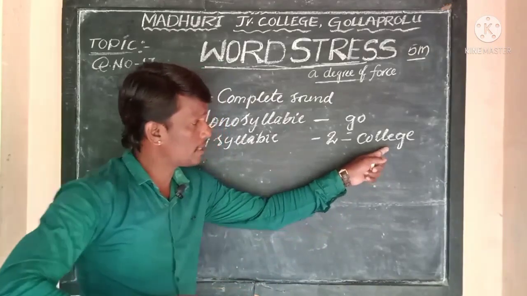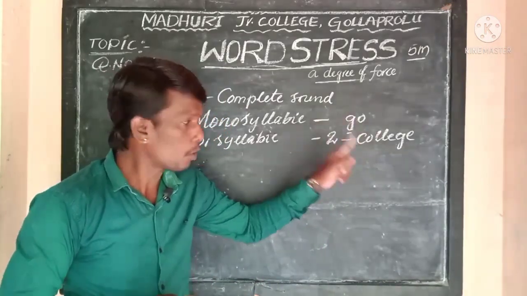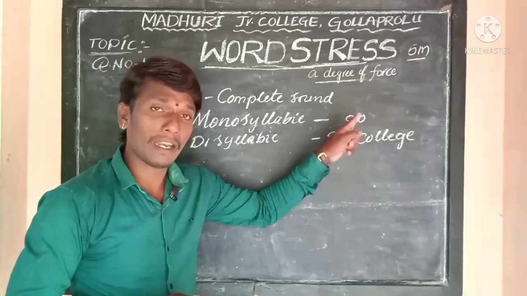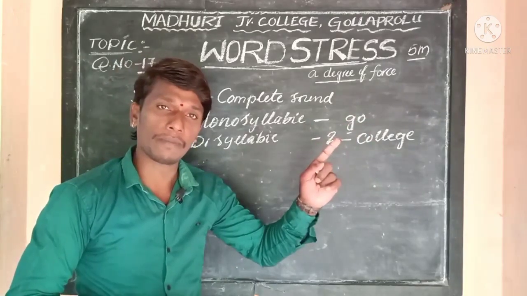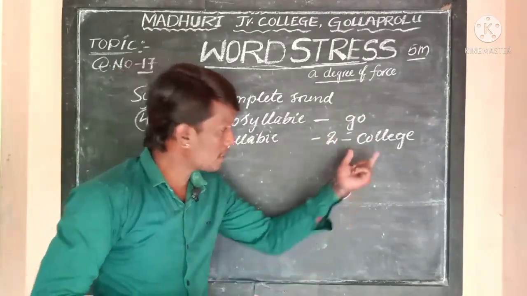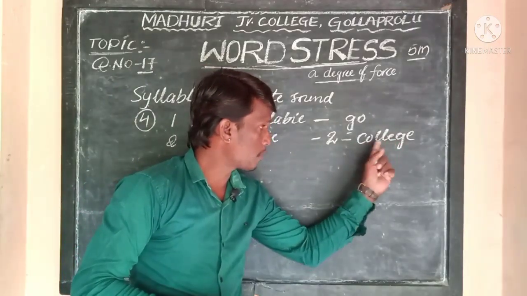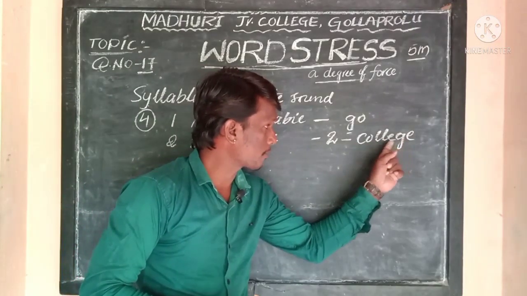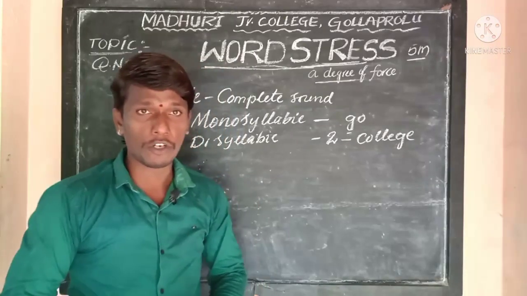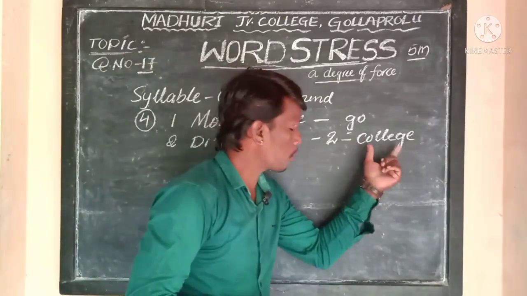College. See here, dear students, you should understand one thing: a syllable is completely different from a letter. Here see, college, C-O-L-L-E-G-E. There are 7 letters in the word college. But here, there are only 2 syllables.